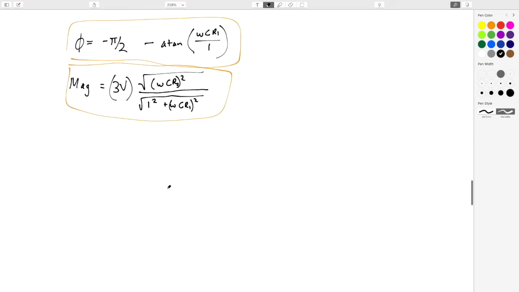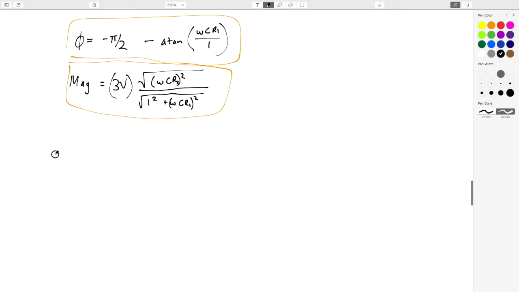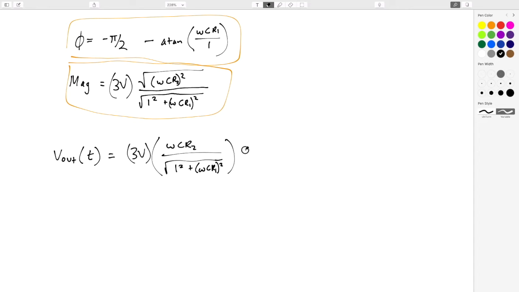So if we needed to write this out as a function of time, we would say V out as a function of time will equal this mess: 3 volts times omega C R2 over the square root of 1 squared plus omega C R1 squared, times cosine of omega t minus pi over 2 minus a tan.